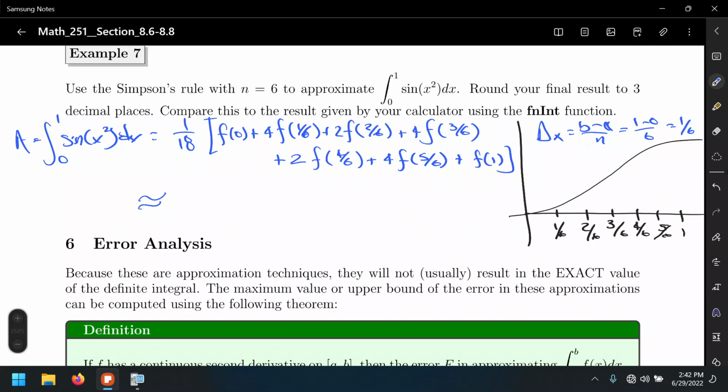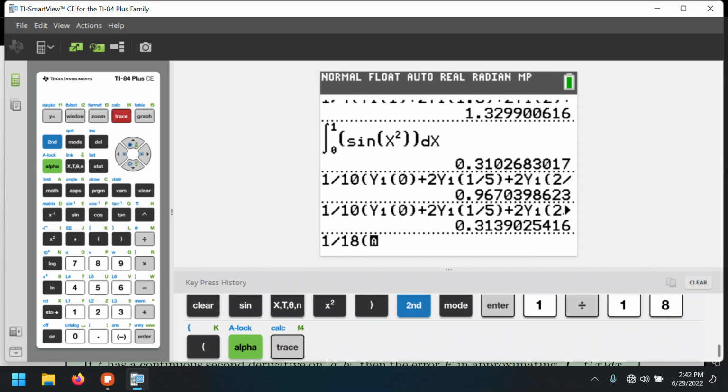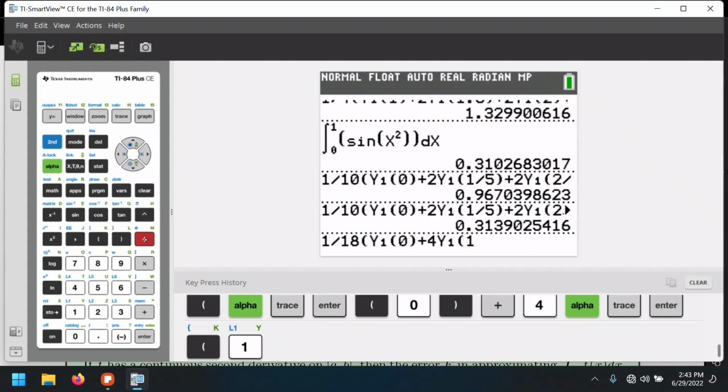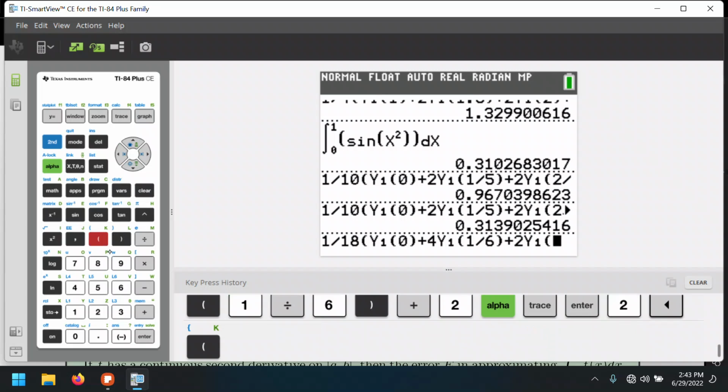So you want me to do it here on the simulator? Why not? Okay, so that's number 1, 1 over 18, open parentheses, alpha, trace, enter, that gets evaluated at 0, plus 4 times alpha, trace, enter, and that's 1 over 6, and plus the next factor is a 2, alpha, trace, enter, evaluated at 2 over 6. Okay, we already used the 2.